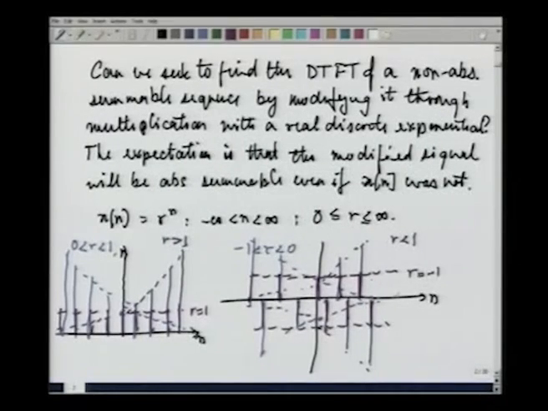So, this is r equal to minus 1. So, we have all this information now about how real exponentials, discrete exponentials look when they are subjected to various values of r.